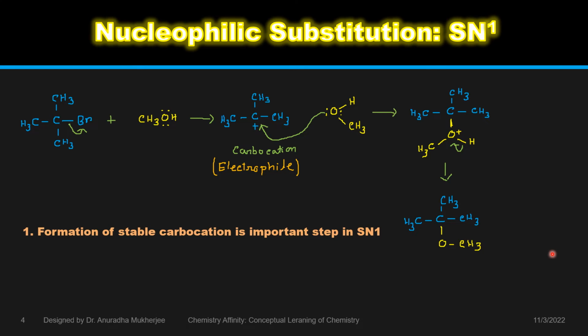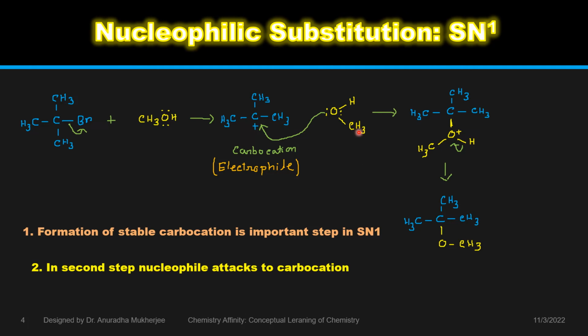So for the SN1 reaction, formation of a stable carbocation is important. So here you can see in this reaction a 3-degree stable carbocation forms. This is an important part and this is the RD step or rate determining step. And in the second step, the nucleophile attacks.